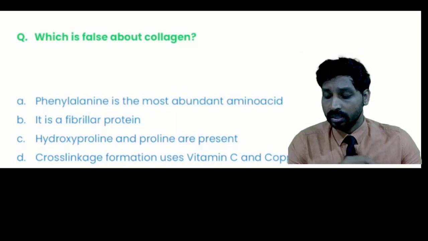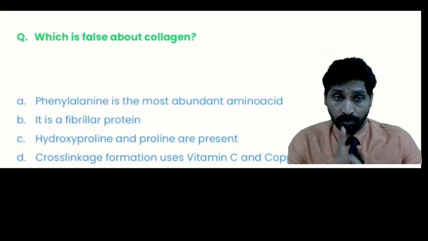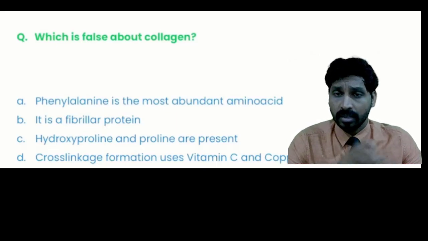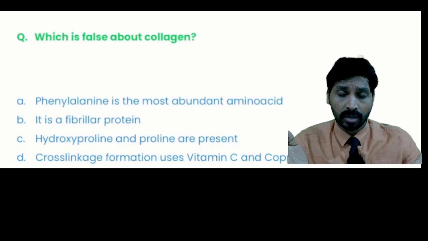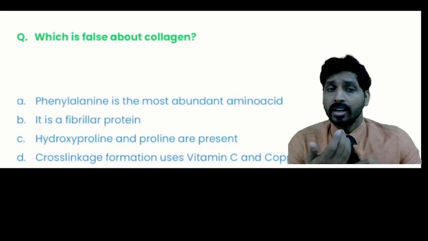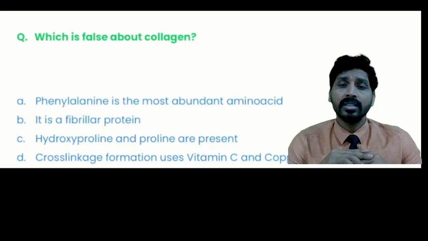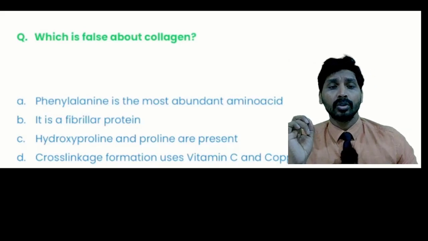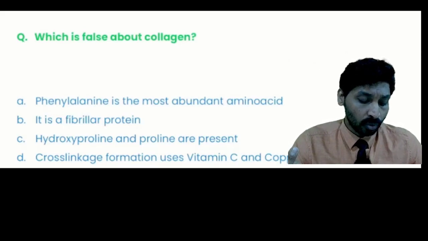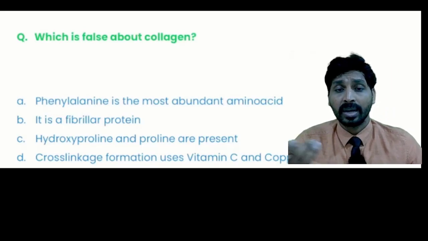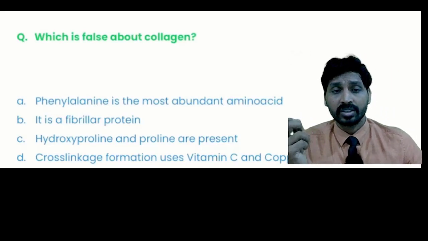Which is false, right? Option B says it is fibrillar. Yes, there are different types of collagens: type 1, type 2, type 3, type 4, type 5, type 7, type 9. Certain types like type 1, 3, 4, 5, 7 and 9 are fibrillar type collagens.